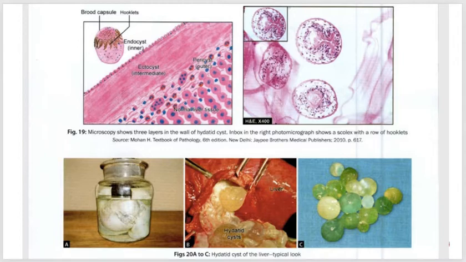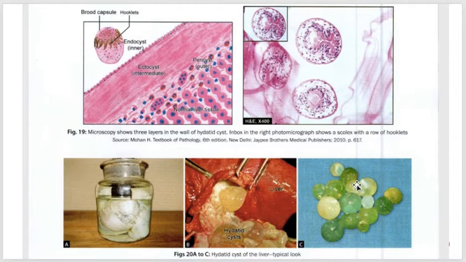You can see over here, basically it is a microscopy of a hydatid cyst, right? This is the typical look of the liver, and what they found in that patient.